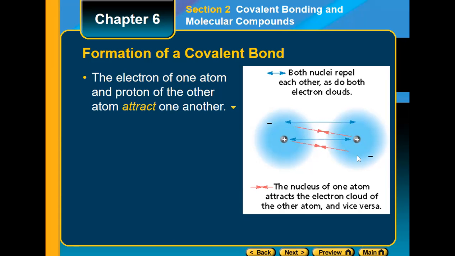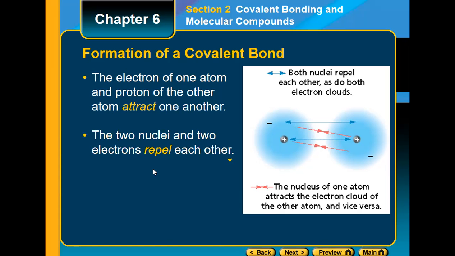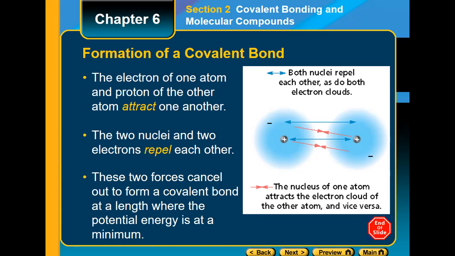So we have both repulsion and attraction forces, but overall the attraction of the nuclei to the electrons is more. Finally, the attraction force will overcome the repulsion force, and that will create a kind of bonding.